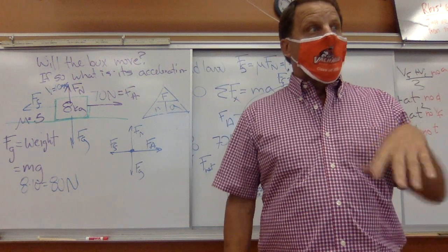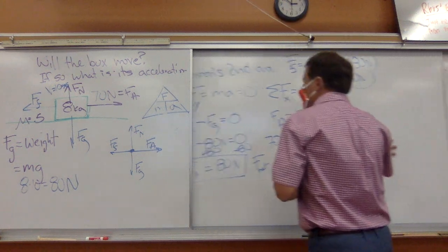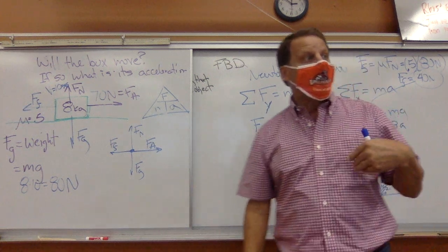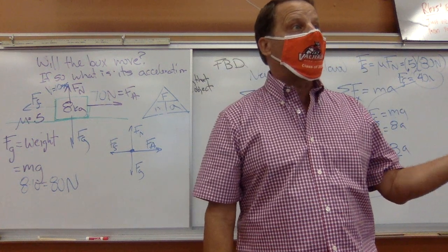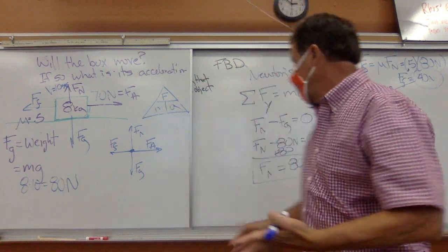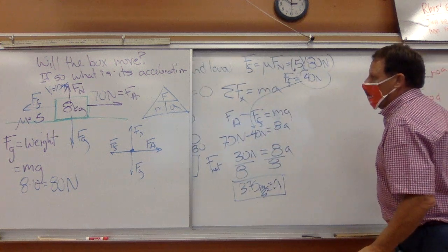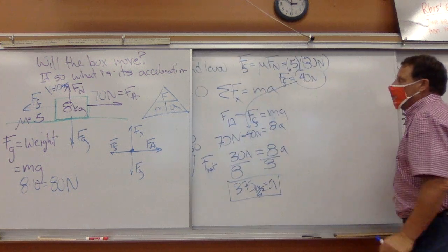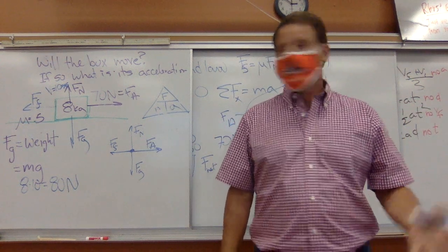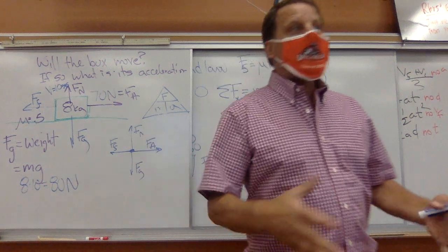Then the next question is going to be, what is your normal force? And you know that the sum of the forces in the y direction is going to be 0. Therefore, the normal force is going to equal the force of gravity, or the weight, which would be 80 newtons. Then I'm going to ask you, what is your applied force? 70 newtons.